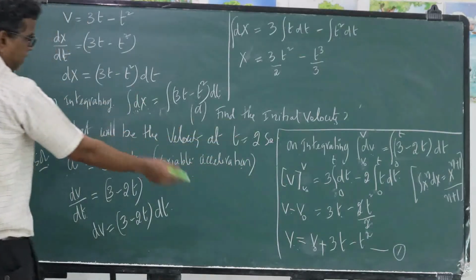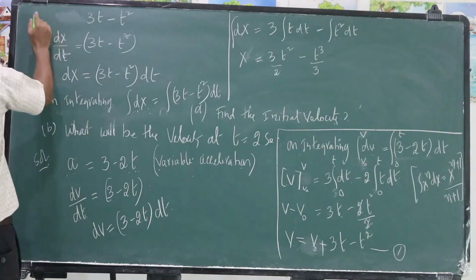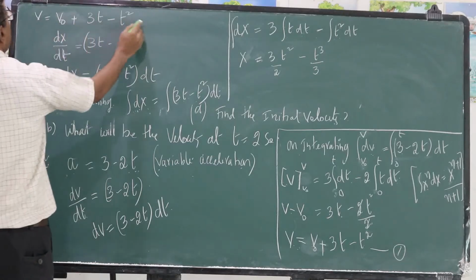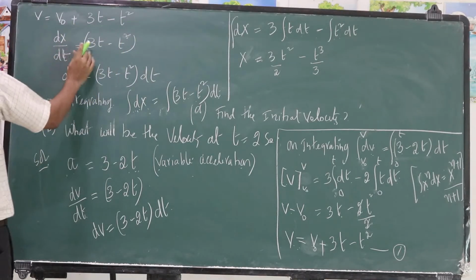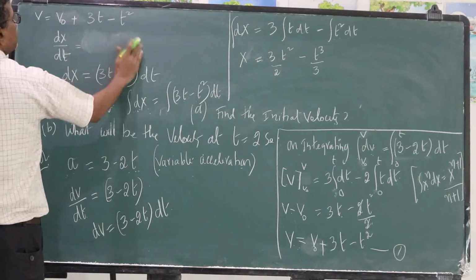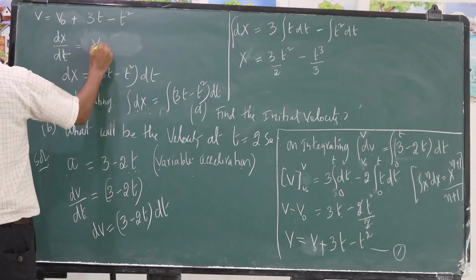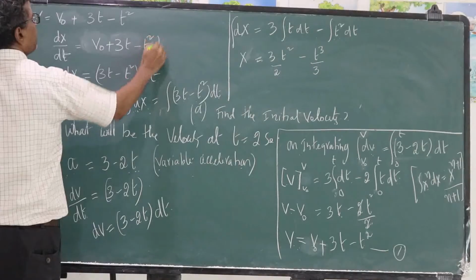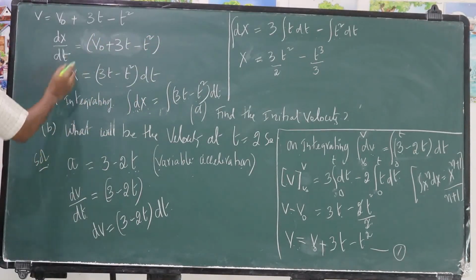Again I will take this one: v is equal to v naught plus 3t minus t square, so integral dx is equal to integral of (v naught plus 3t minus t square) dt.